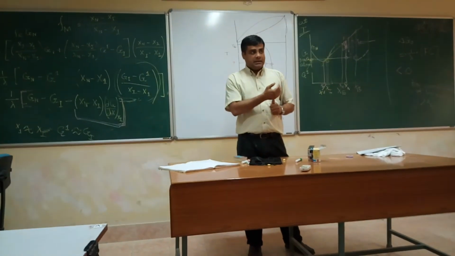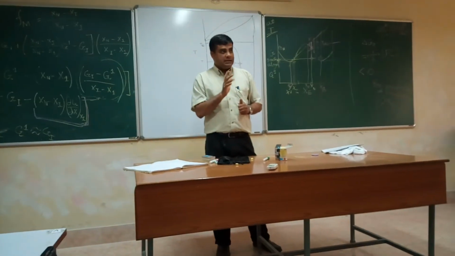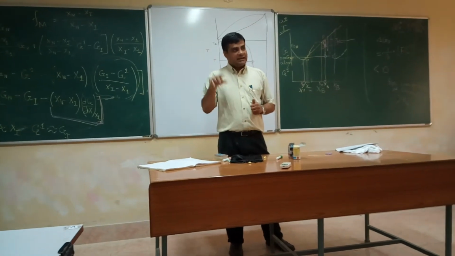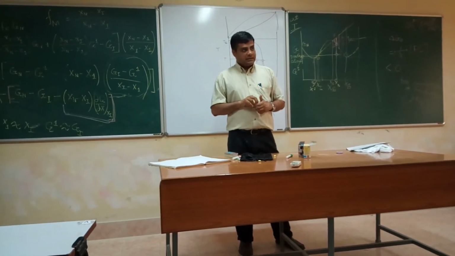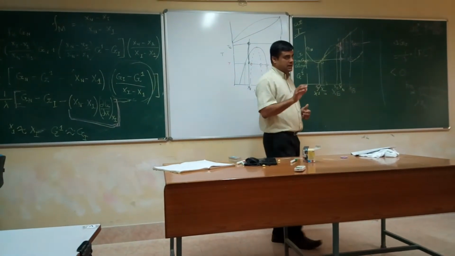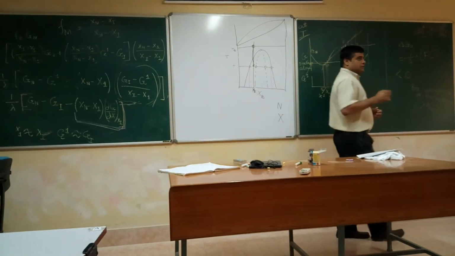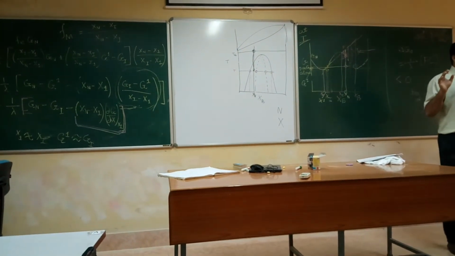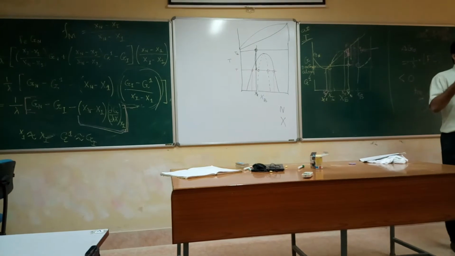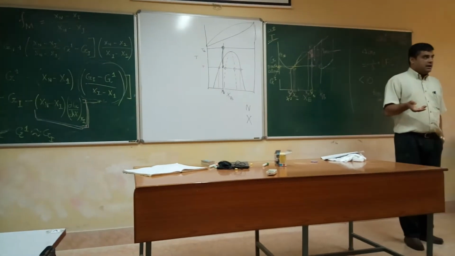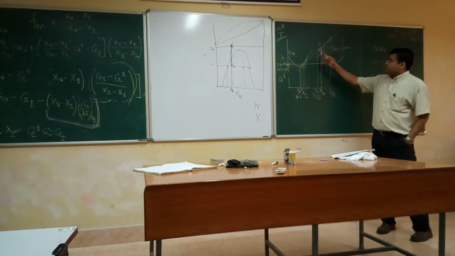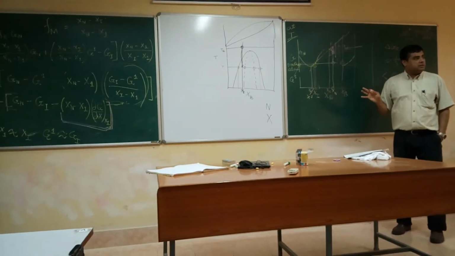Above xc, it will be stable if your size criteria is satisfied, that is, the R star criteria is satisfied. So any embryo that forms with a size above R star, having composition above xc, will be stable.